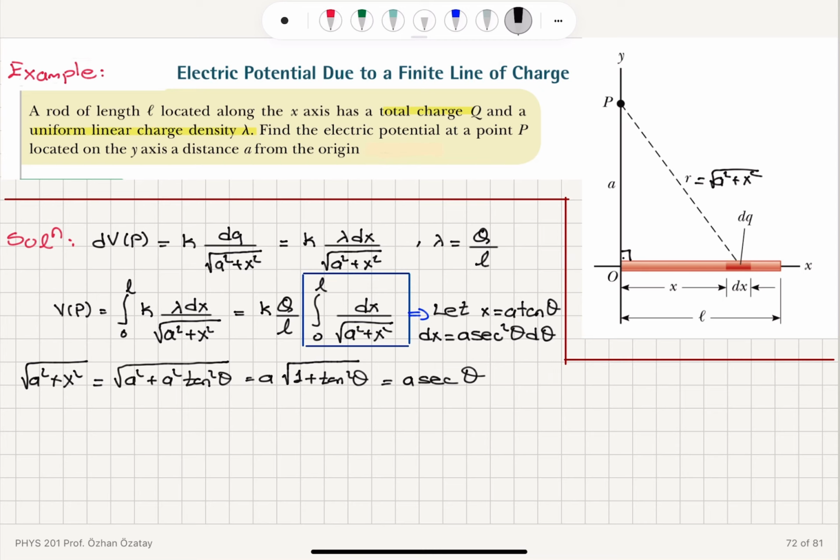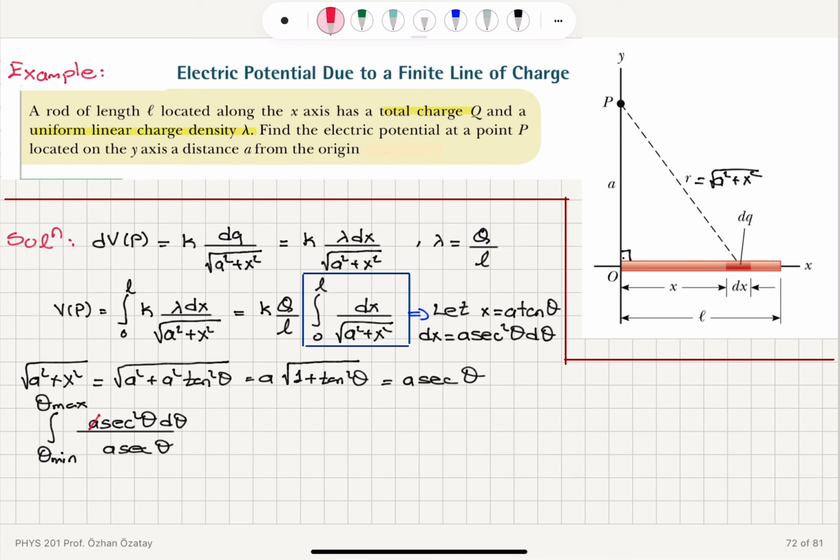So this integration then becomes the integral from theta minimum value to theta maximum value, which is to be determined. For dx, I substitute a secant square theta d theta. For the bottom part, I substitute a secant theta.